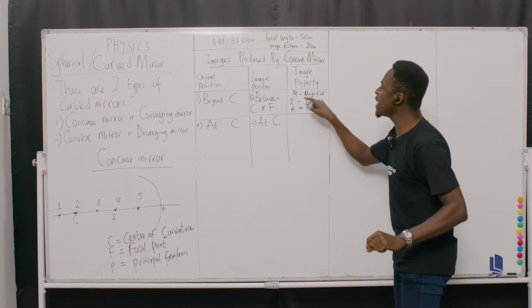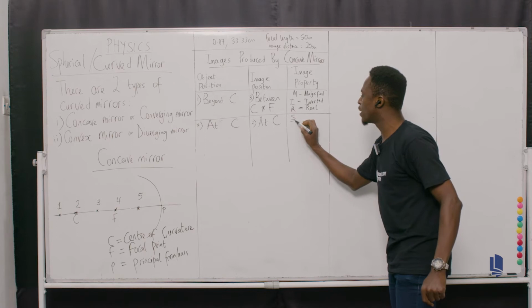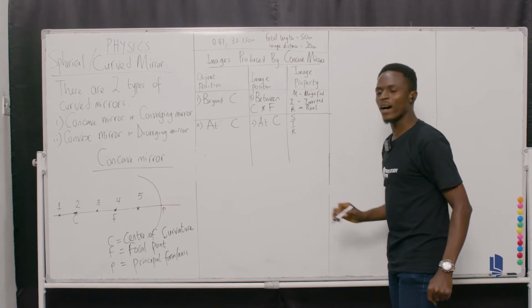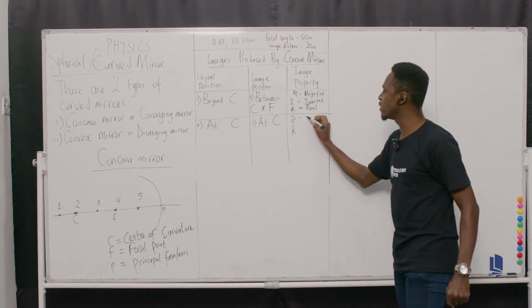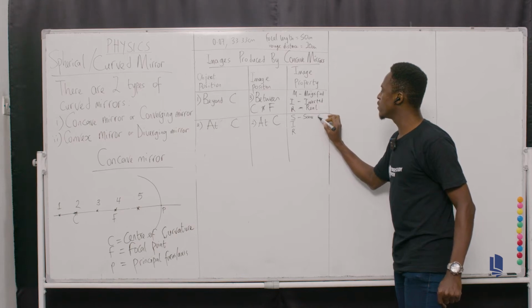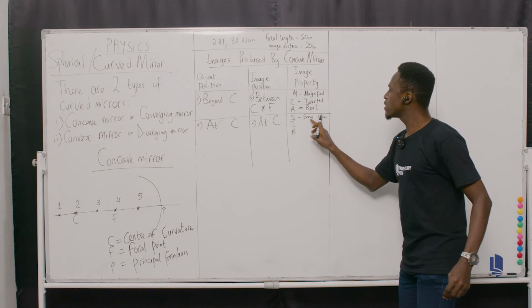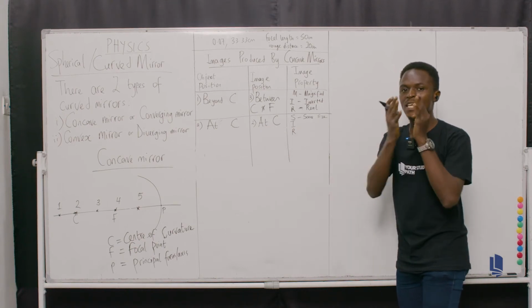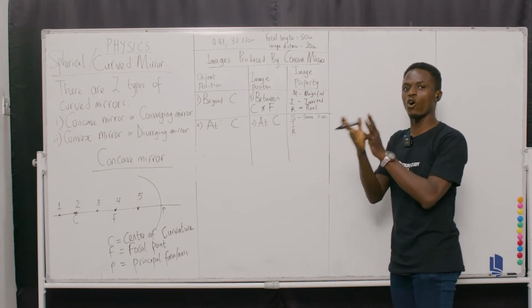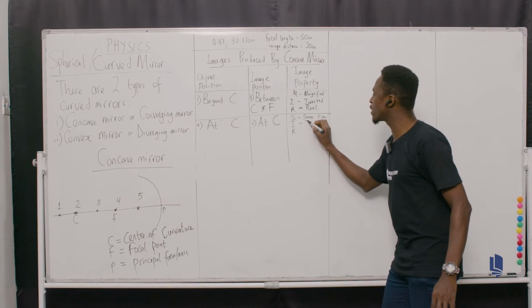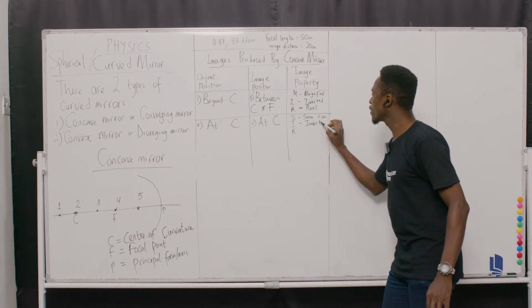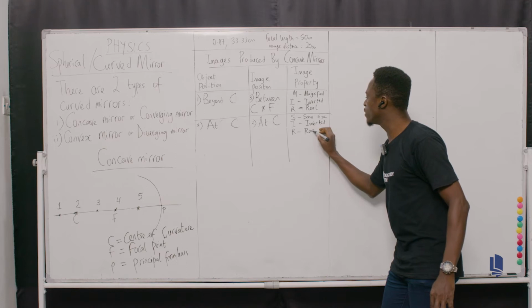Such that the image formed, we call it SIR. What is SIR representing? Same size. When they say something is magnified, it means bigger. Here, same size. The image size is the same as the object size. You have I as being inverted, and R as being real.